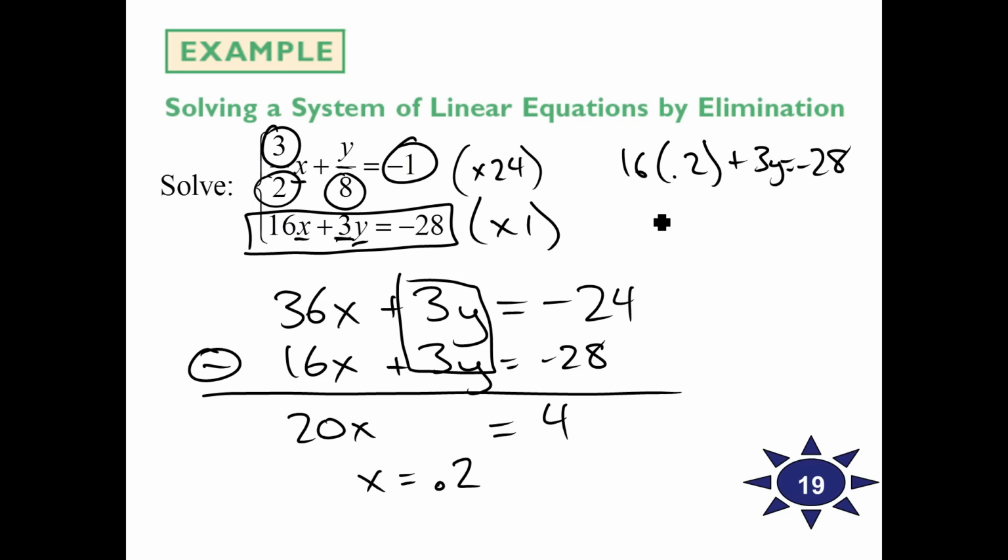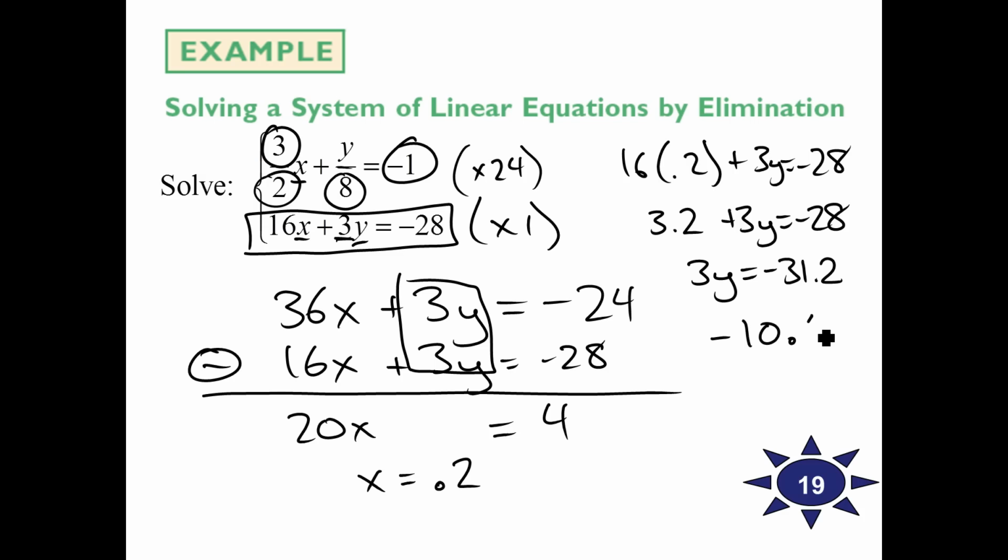Alright, so this is 3.2 plus 3y equals negative 28. I'm going to minus that 3.2 to have 3y equal negative 31.2. And if I divide, I end up with negative 10.4. Alright, so our final answer here is, and that's equal to y, 0.2 comma negative 10.4.